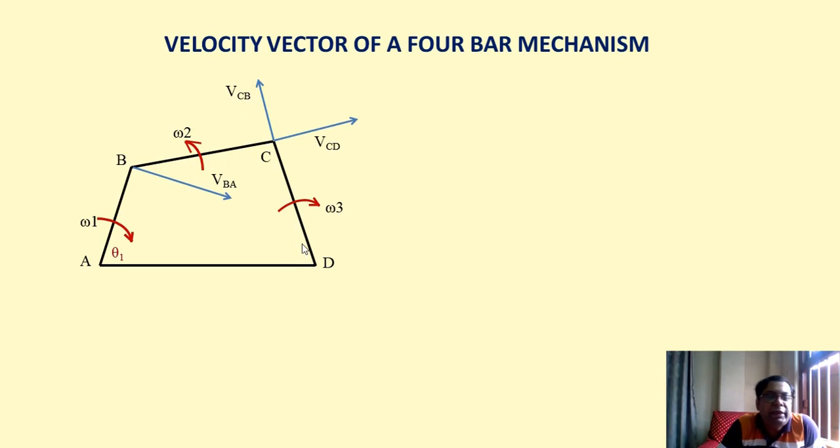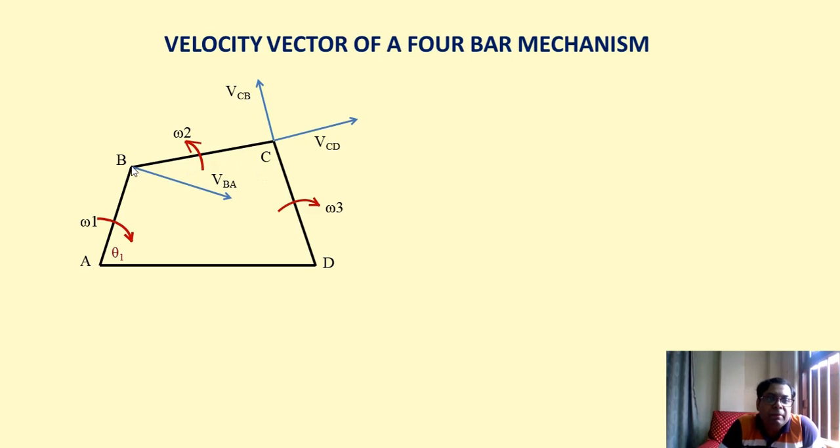And regarding CD, if this one is rotating in anti-clockwise direction, then using the same law, if the angle is more than 90 degree and less than 180 degree, then the direction of rotation will be just opposite.